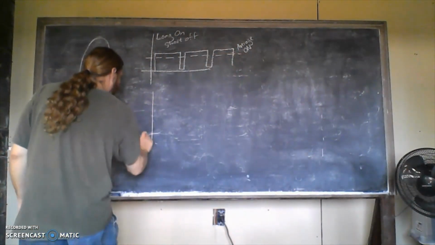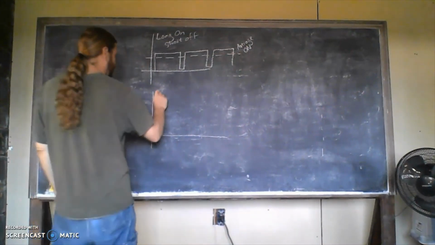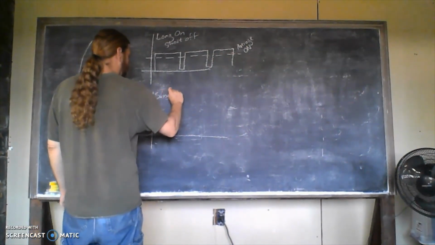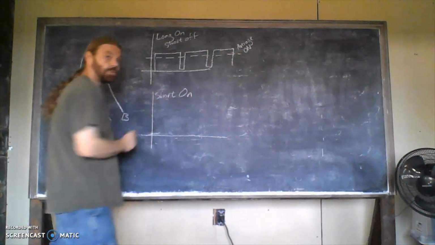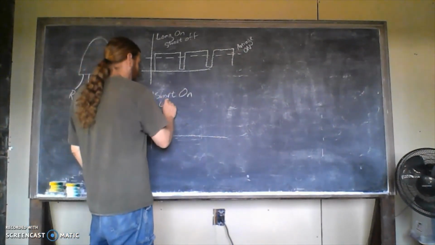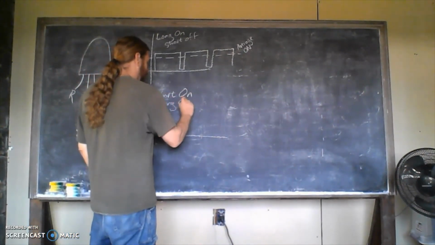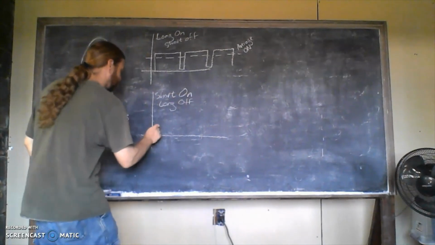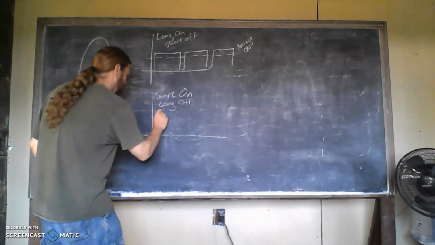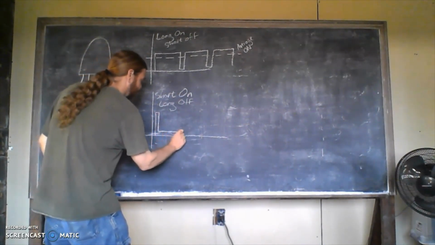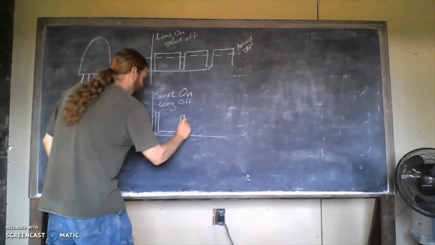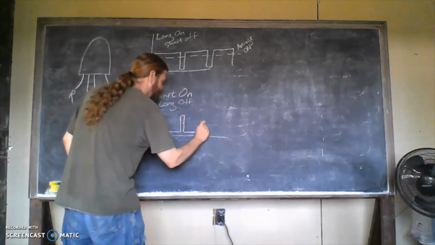Or we could swap that and do a short on and a long off. So it's on for a very short amount of time and off for a long time. On for a very short amount of time, off for a long time.